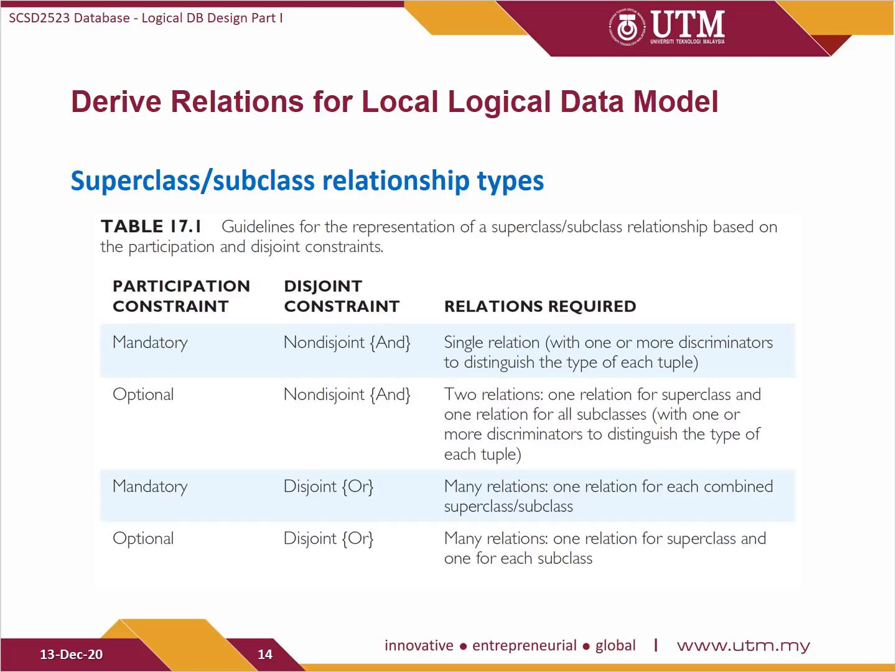So you can refer to figure 17.2 at page 535 in the e-book to see the details of various representations of the superclass-subclass relationship based on the participation and disjoint constraint, as shown in table 17.1 here.